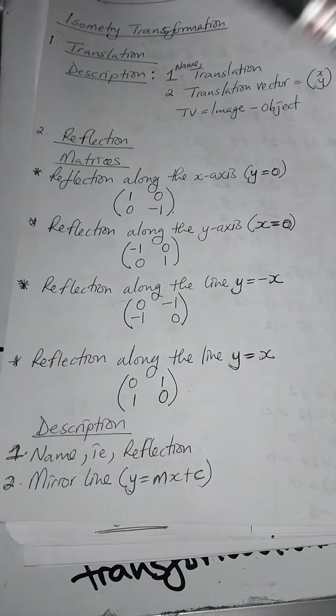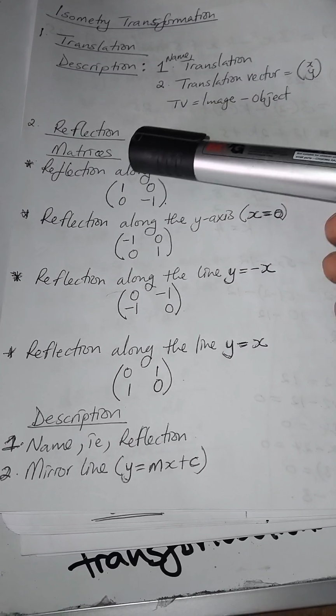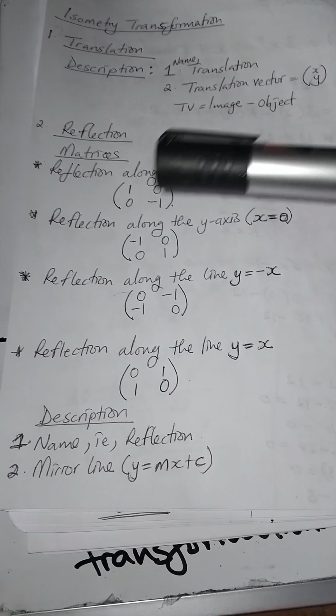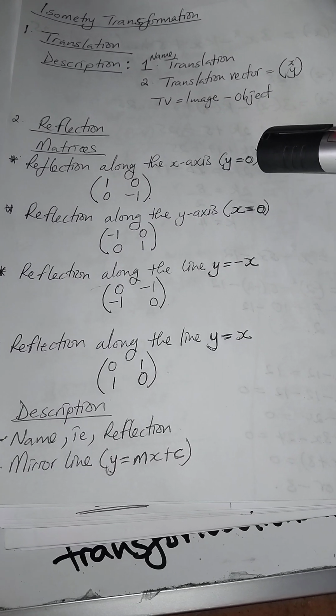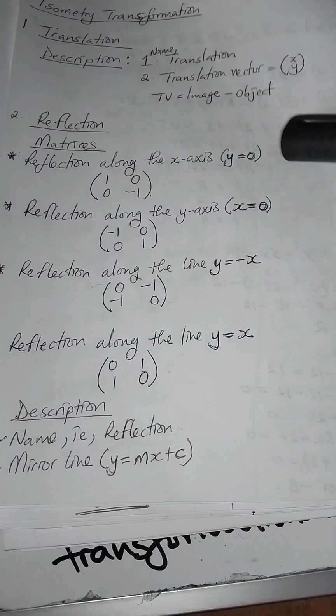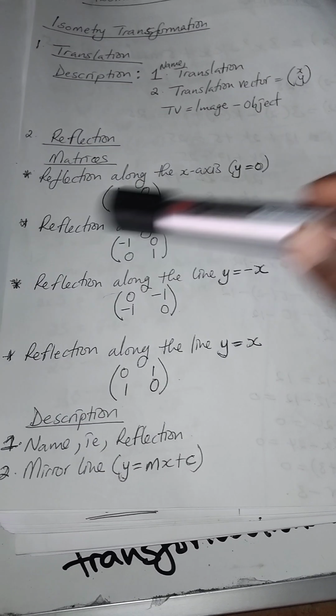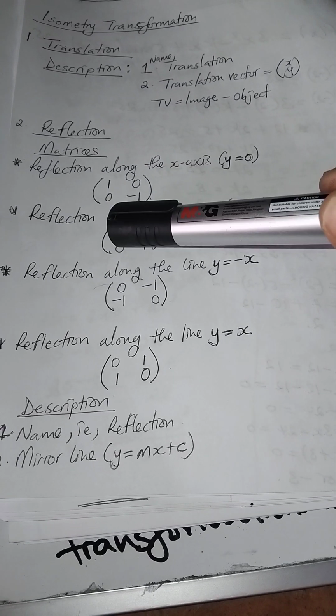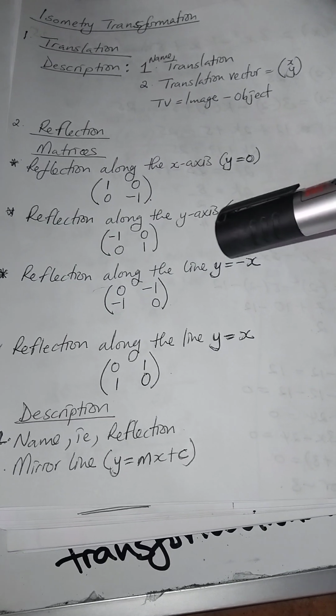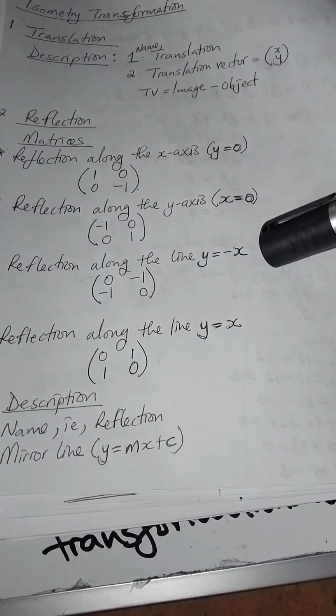Then reflection with those matrices of reflection. You can reflect along the x-axis, y is equal to 0. Reflection along the y-axis, x is equal to 0. Reflection along the line y is equal to negative x.